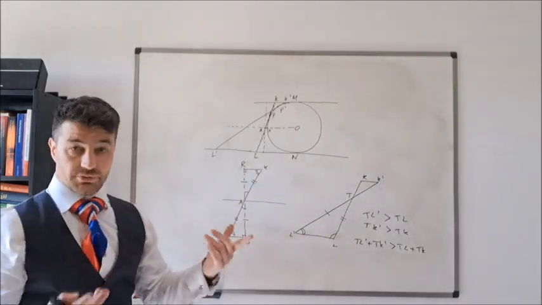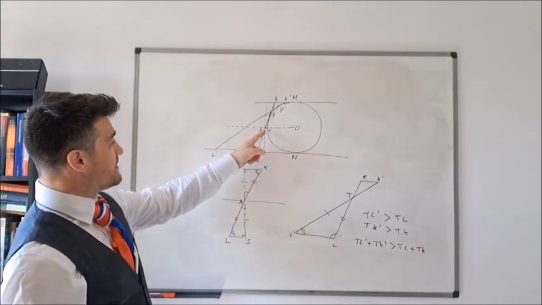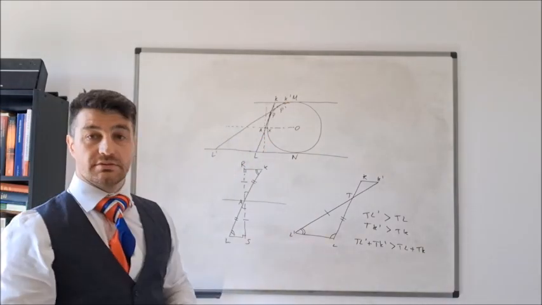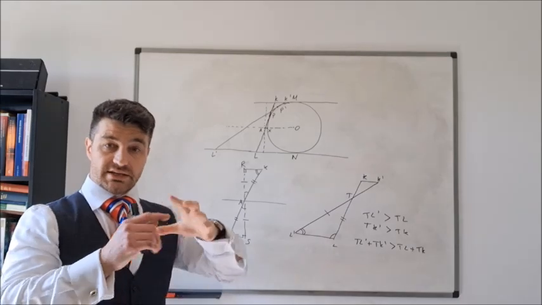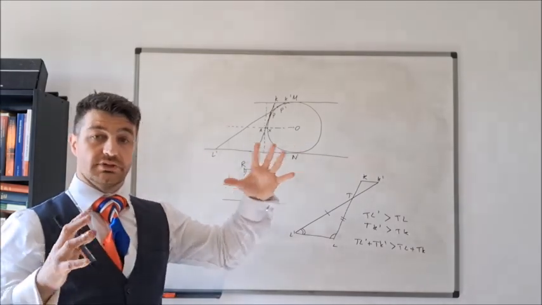So the upshot is that as P moves from X to M, the radius of the circle will increase.